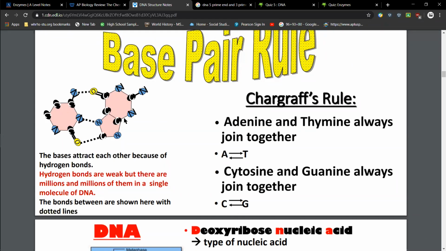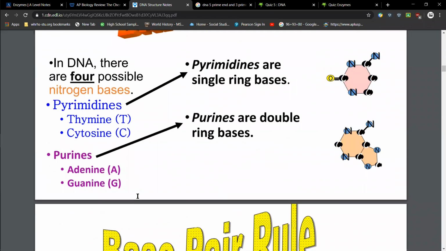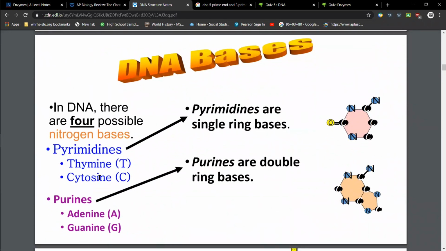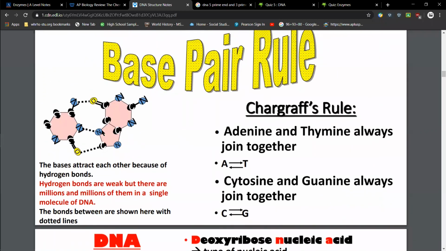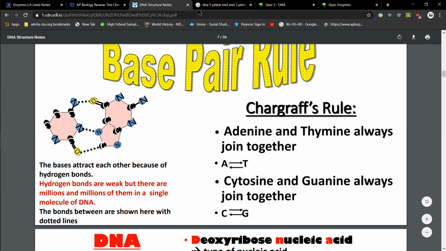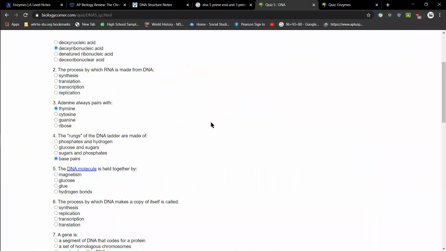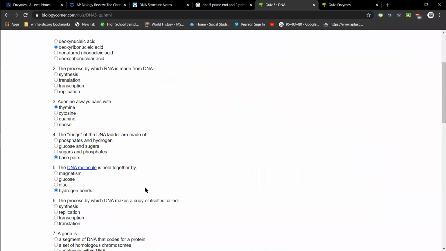Another way that you can figure out what base pair this is, if you remember, we talked about purines and pyrimidines, right? Pyrimidines have 1 ring, cytosine is there, and guanine has 2 rings. So going back here, this has to be guanine because it has 2 rings, and this has to be cytosine because it has 1 ring. So that's how you can figure out what bases there actually are based on hydrogen bonds and things like that. So yeah, this was hydrogen bonds.